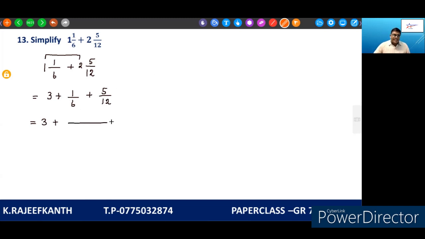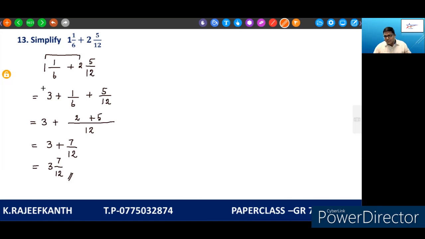First, you have to find the LCM of 6 and 12, that is 12. So in 12, there are two 6s. Then 2 times 1 is equal to 2. In 12, there is one 12. Then 1 times 5 is equal to 5. Then 3 plus 2 plus 5, 7 over 12. So if we add this whole number and the proper fraction, we can write 3 and 7 over 12. Right? So this is the first method.